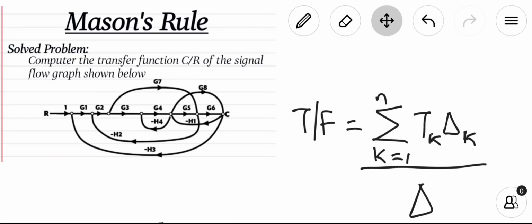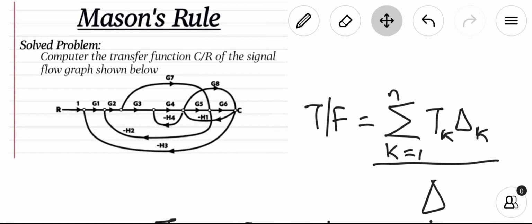You can have 1, 2, or 3, and the number of determinants you get is also equal to the number of path gains you get.